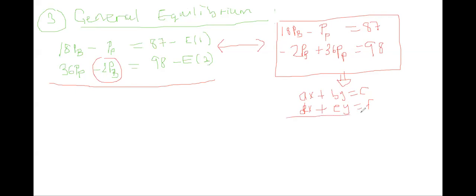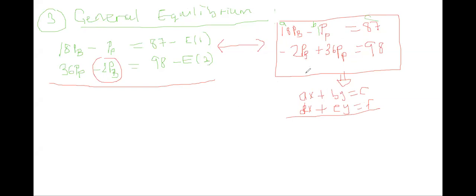Here the a is nothing but the 18, the b is minus 1, and the c is this 87.